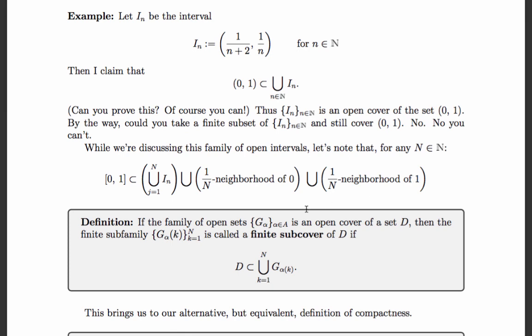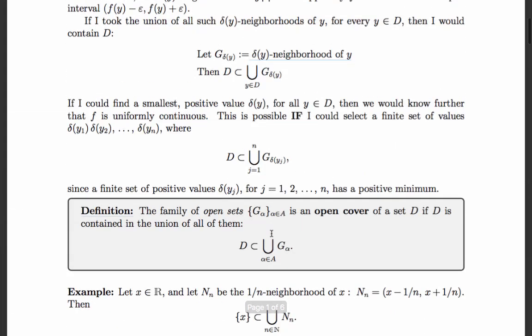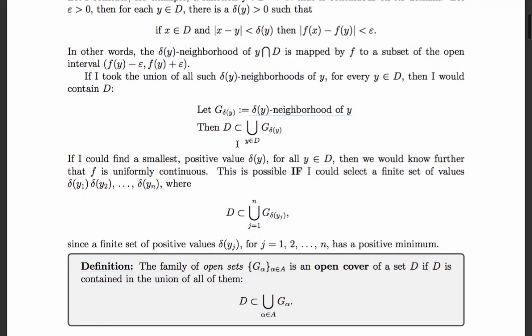So if we go back to one of the motivating examples, we were able to give a family of open sets that covers a domain D. And then we daydreamed about the possibility of finding some finite subset of this family of open intervals that also covers D.